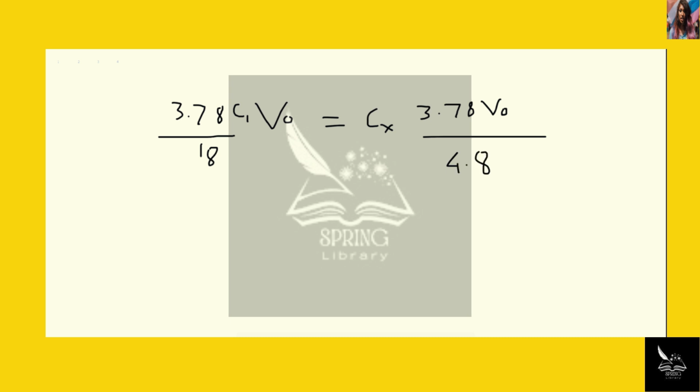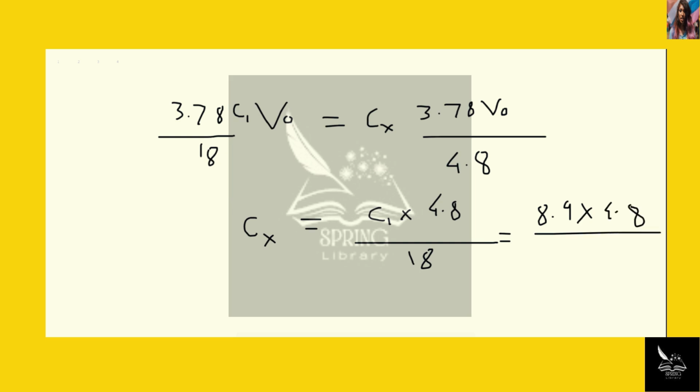Now you can cancel V0 on both sides to find out Cx equal to C1 times 4.8 divided by 18, which is equal to 8.9 times 4.8 divided by 18. So this is equal to 2.37 microfarad. I hope you understand this.